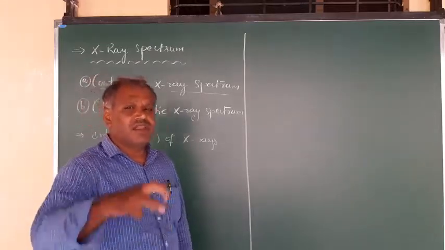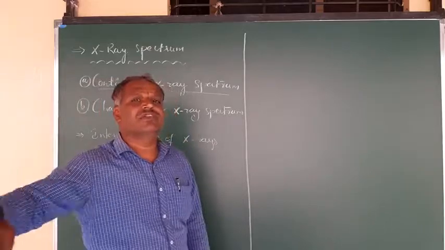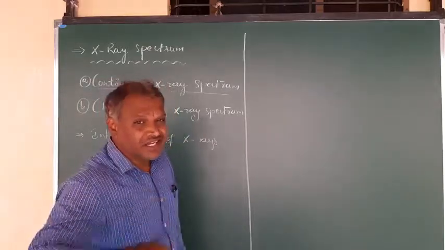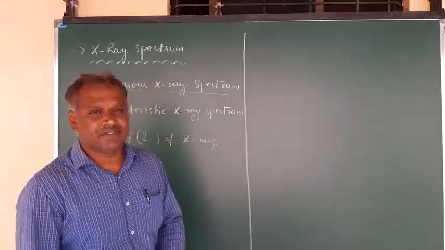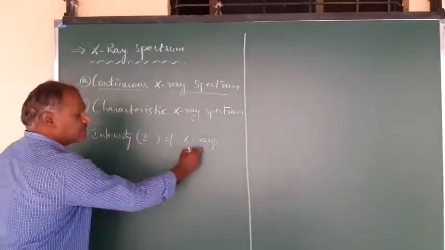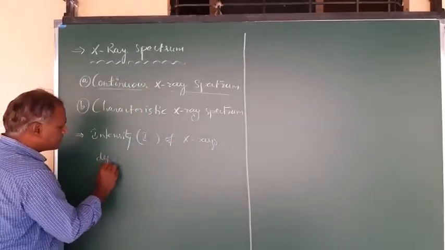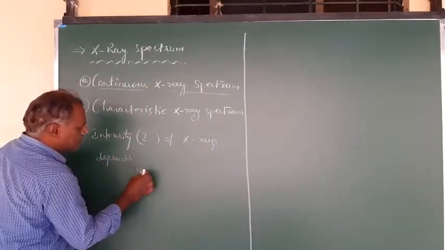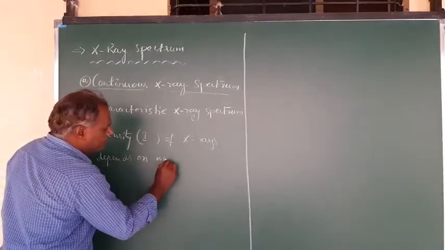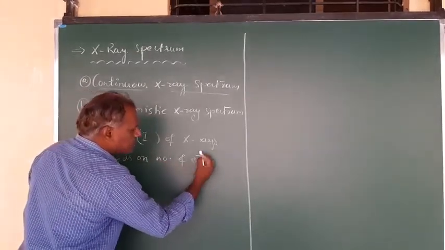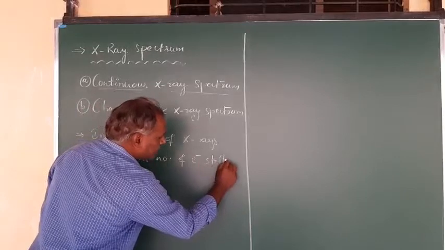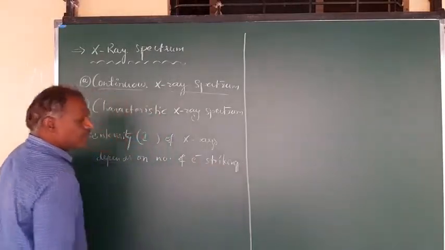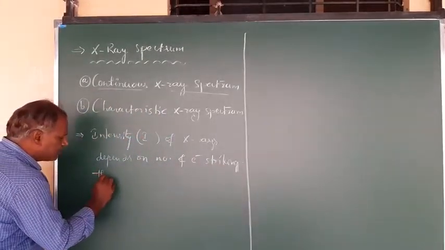That is the number of electrons making collision with the target. Accordingly, the intensity of X-rays depends on the number of electrons striking the target.